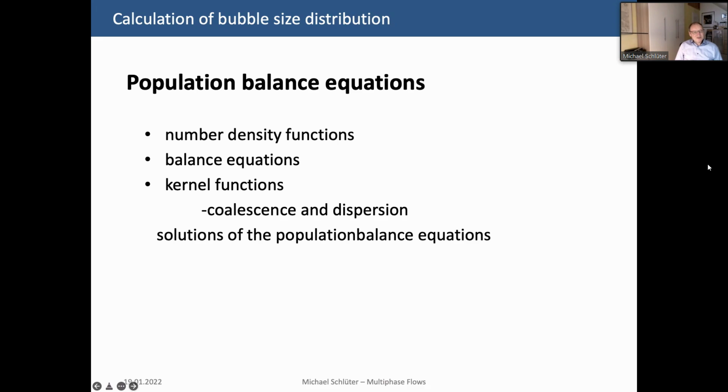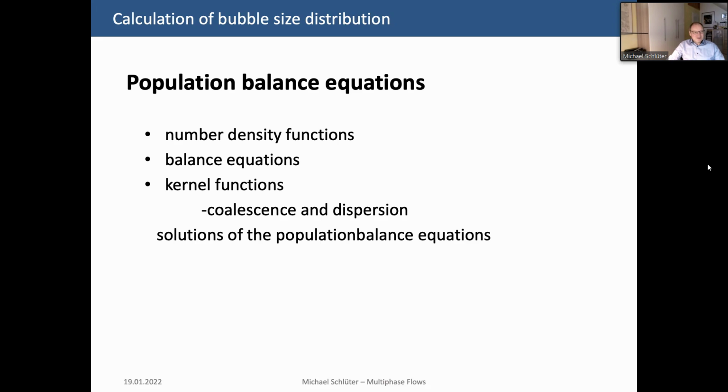And if we talk about these numerical simulations now that we would like to establish, we still have the problem that we need to calculate first the bubble size distributions, and the bubble size distributions depend on different parameters that I have already addressed. But how can a computer calculate these bubble size distributions?